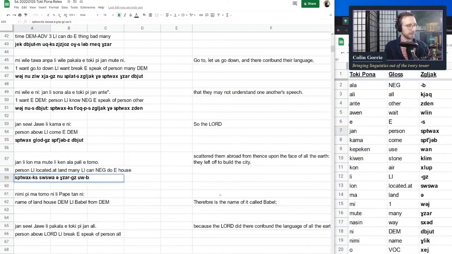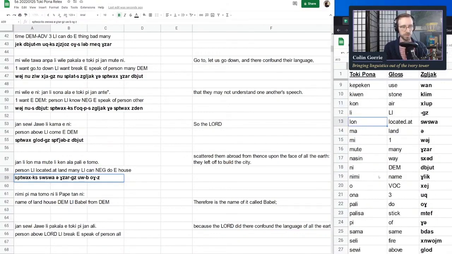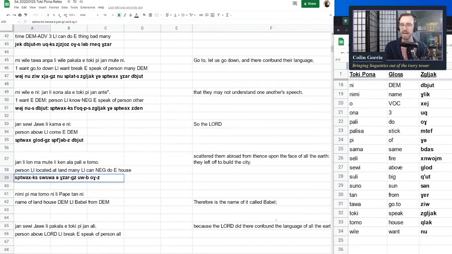And it needs a negative, so oob. And then we have ogs, do, accusative, and then this tomo word, which means house, which is clock.